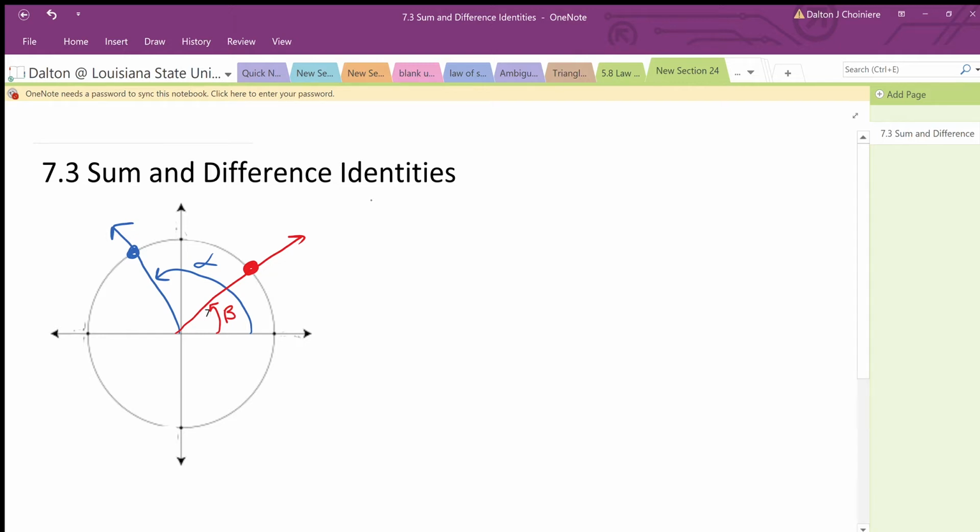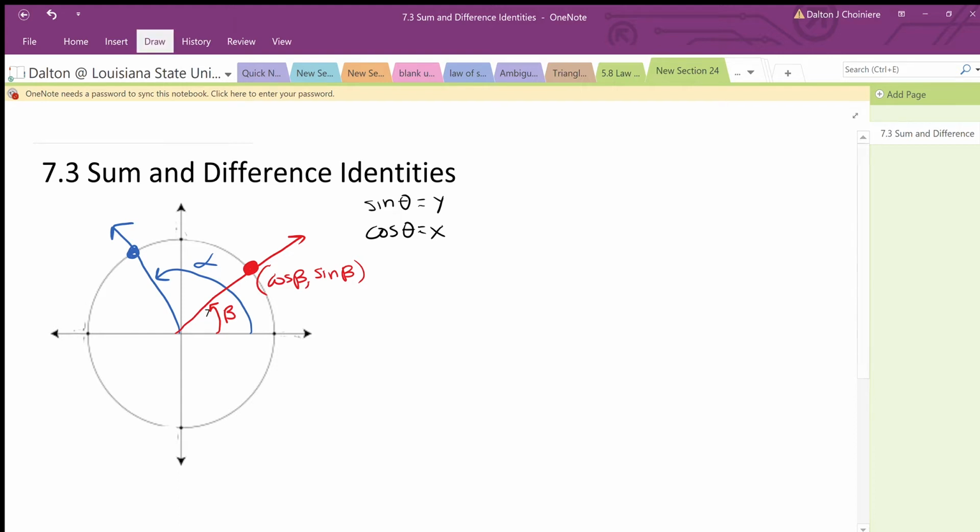So we know that sines of any angle theta on the unit circle represent y values, and our x values can be written as cosines, which means if I want coordinates for this red point, again, these are not the typical ones on the unit circle. So this is not square root of 2 over 2 or square root of 3 over 2. This just represents any coordinate point. Instead of writing its coordinates as x and y, I can write its coordinates using cosines and sines. So I could write this coordinate using cosine of beta, and then its y coordinate being sine of beta.